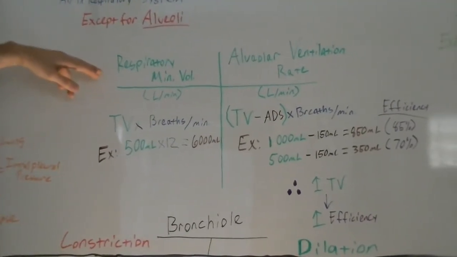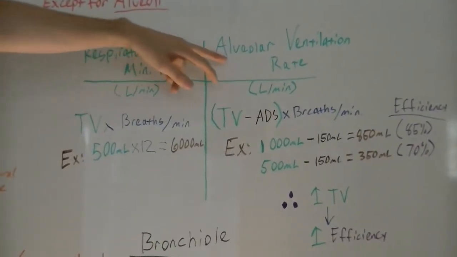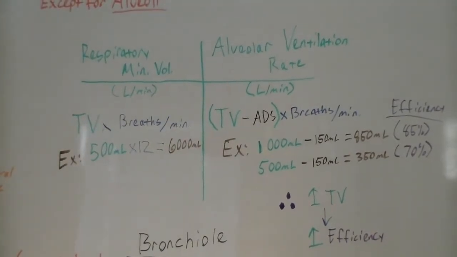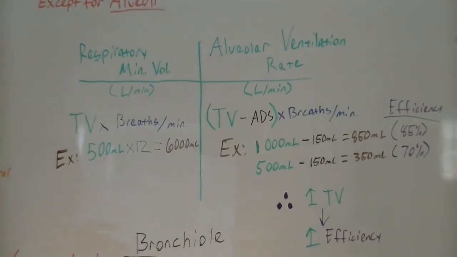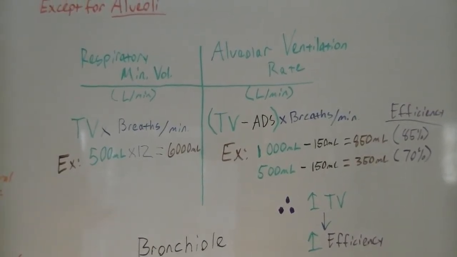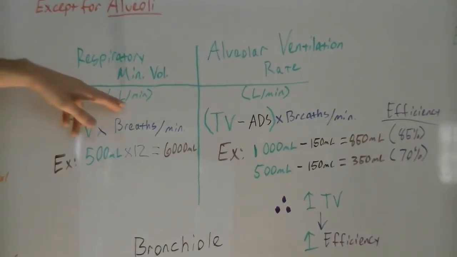Next we're comparing respiratory minute volume versus alveolar ventilation rate. These are both different ways of looking at rates of, I guess you could say, breathing to a certain extent. And they're both measured in liters per minute.